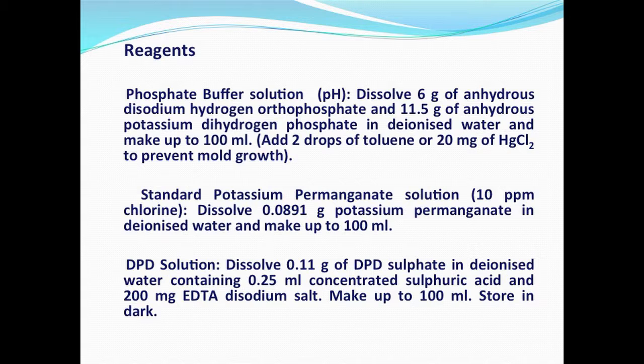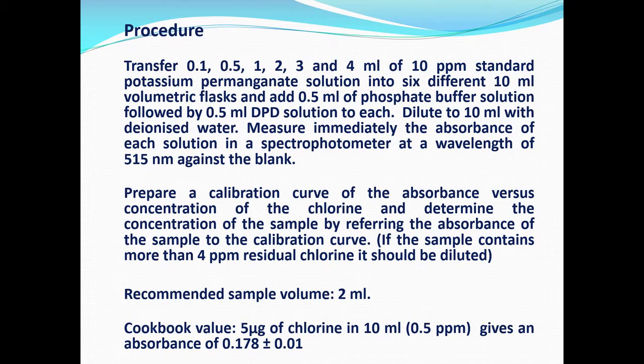DPD is a dark colored solution. The calibration curve is up to 4 ppm; you can use 4 ml of 10 ppm, and along with that add 5 ml of phosphate buffer followed by DPD and dilution etc. as usual to 10 ml, and prepare a calibration curve.